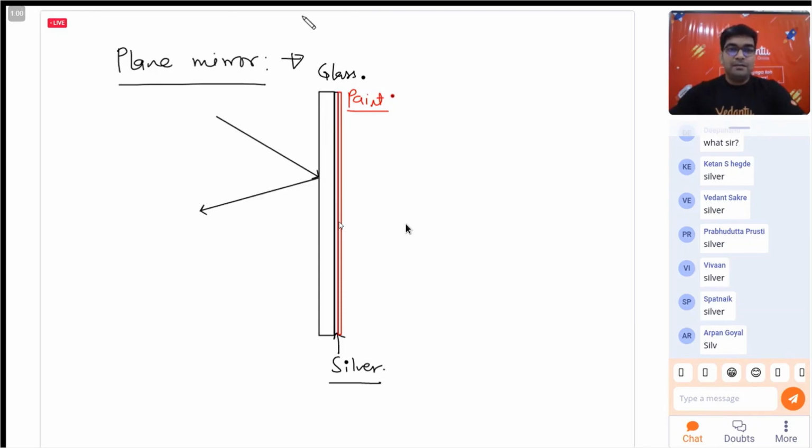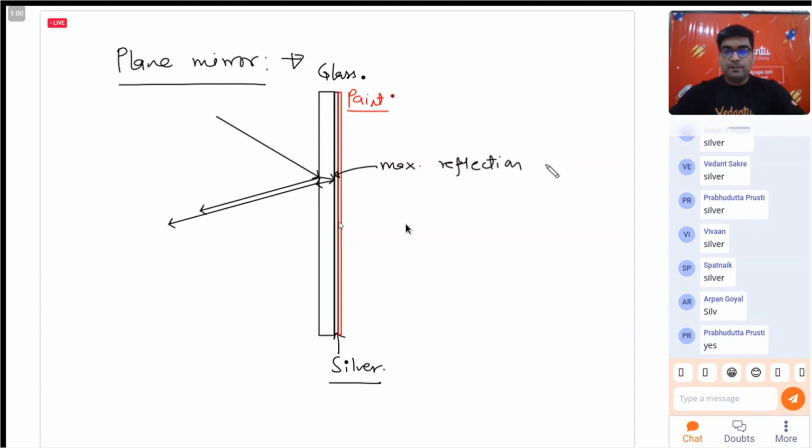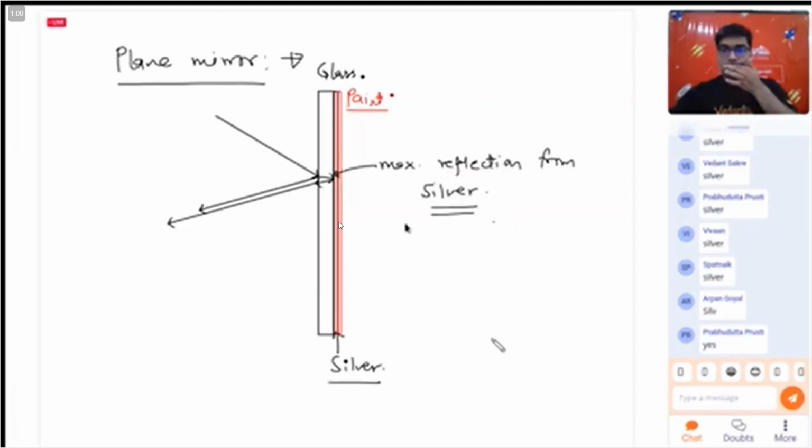Then some of the light goes onto this, gets reflected from this, and then comes out. In fact we see a lot of reflections inside it. We talked about this earlier, but we get maximum reflection from silver. Right? I guess you guys know this.